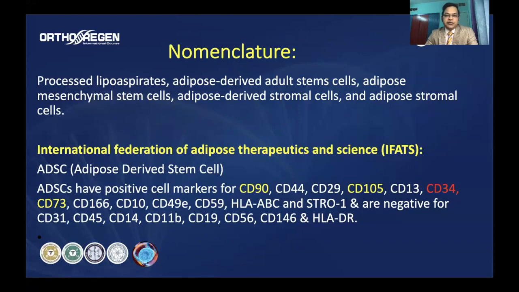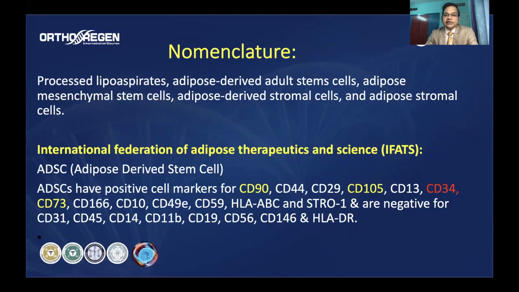Over the next few decades, mesenchymal stem cell was the most commonly used terminology in the published literature as well as during scientific meetings. And I can say that it also started being misused to some extent.